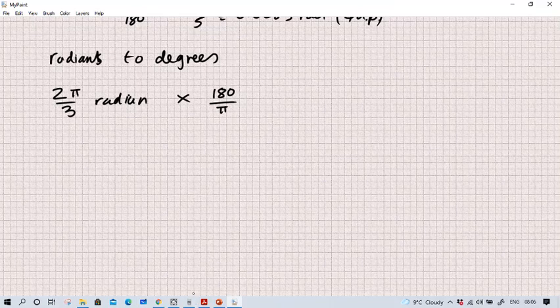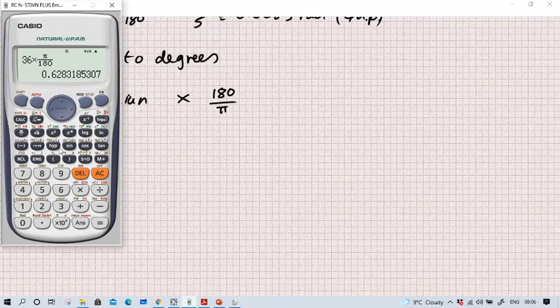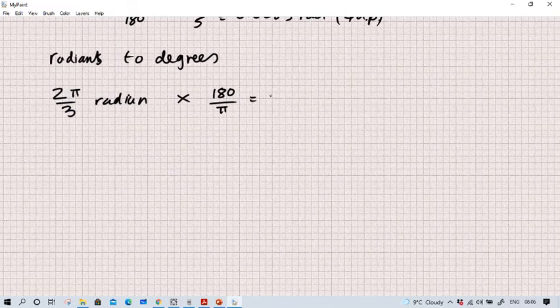We'll do that one on the calculator. So we had 2 over 3 pi times 180 over pi. And that gives us 120 degrees.